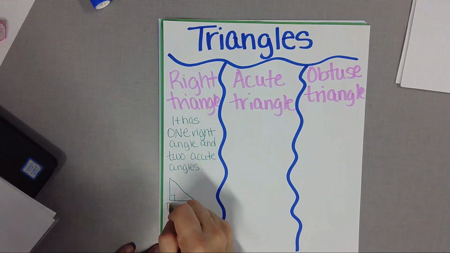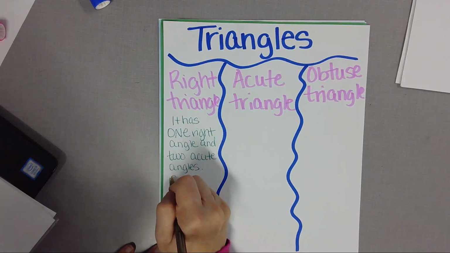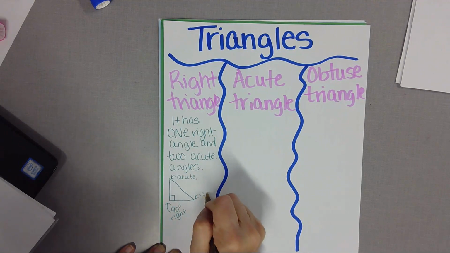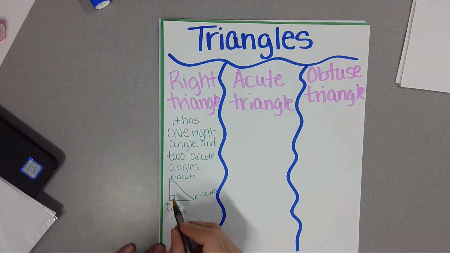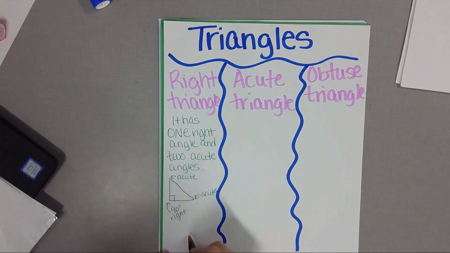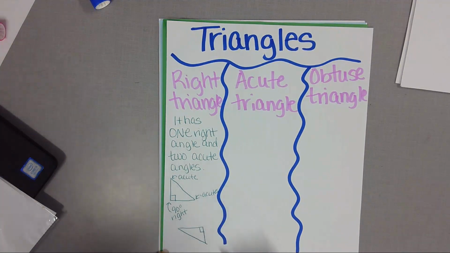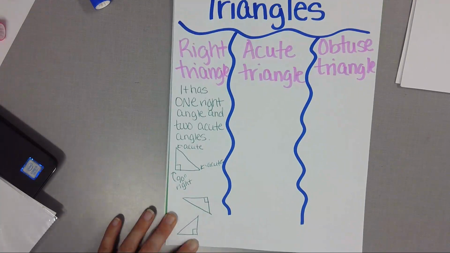So that's your 90-degree right, and these two are your acute angles. Now it doesn't have to look like that every time. It can be upside down, it can be this direction, as long as it has one right angle. Oops, you can't see that. There you go.